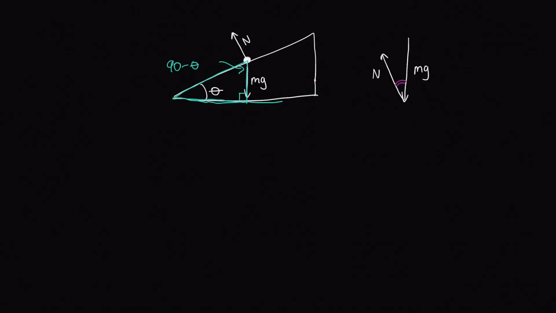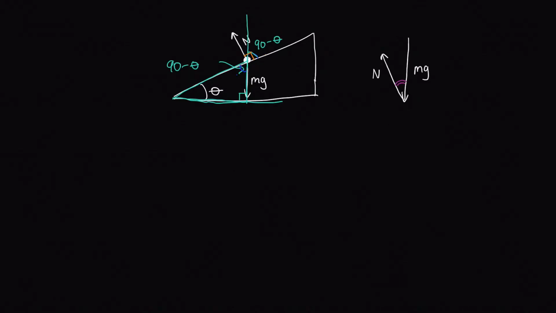Okay, so let's continue our vertical line up like this. Now here we've got two vertically opposite angles. And so if this one here is 90 minus theta, it means that this one here must also be 90 minus theta. Now when we drew N, we said that it was perpendicular to the plane. So if it's perpendicular to the plane, it means that the angle between the plane and our vector is 90 degrees.